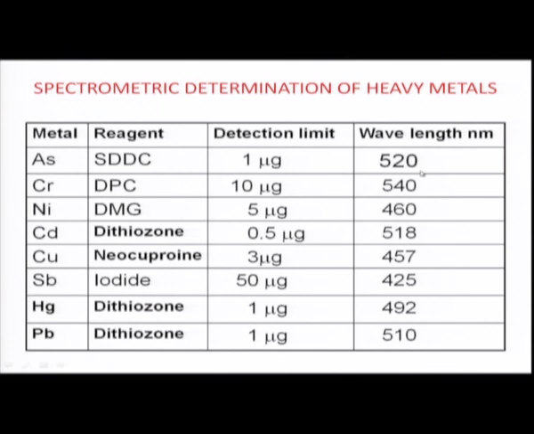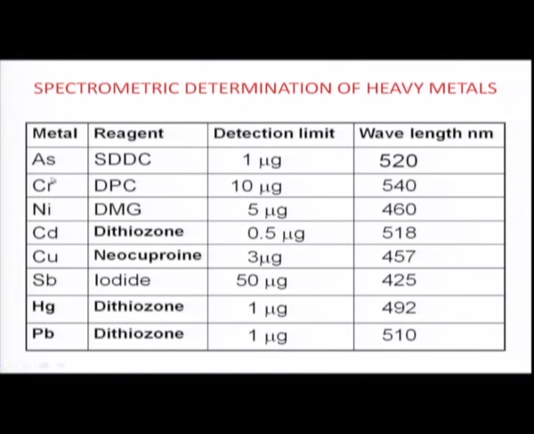Chromium with diphenyl carbazide, 10 microgram can be determined. Nickel with DMG, dimethylglyoxime, can be used, and cadmium with dithizone, copper with neocuproine, antimony with iodide, mercury with dithizone, lead again with dithizone.